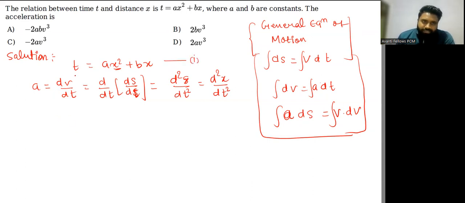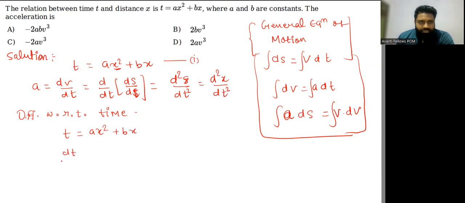So first dt by dt will be 1. So let me write, differentiating with respect to time. Time is given to you. t is equal to ax square plus bx.